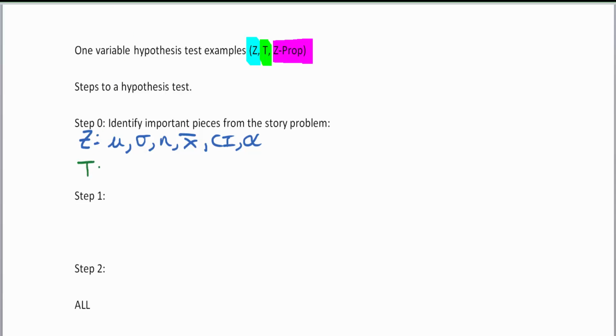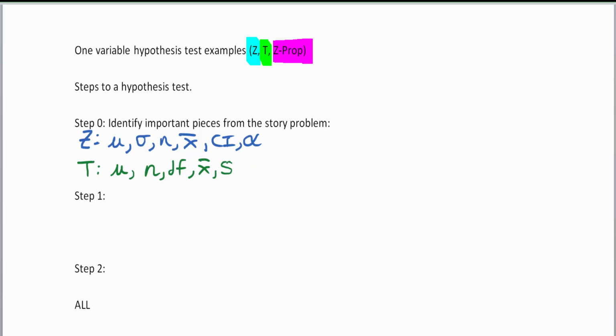Now, if you have t, then you're going to have the average, but you will not have the standard deviation. You're going to have the sample, and there you can find your degrees of freedom. You'll have a sample average, and you'll take that sample data and find your sample standard deviation.